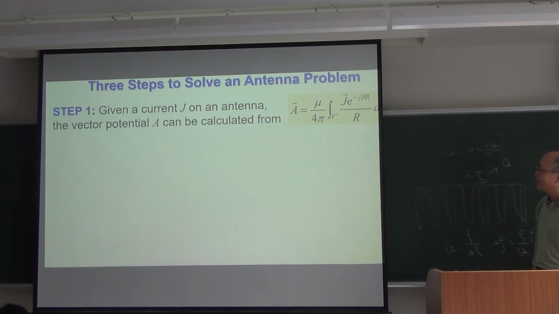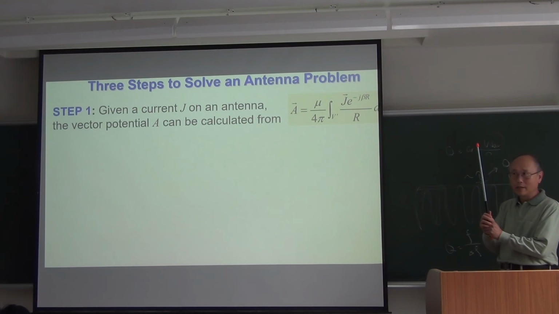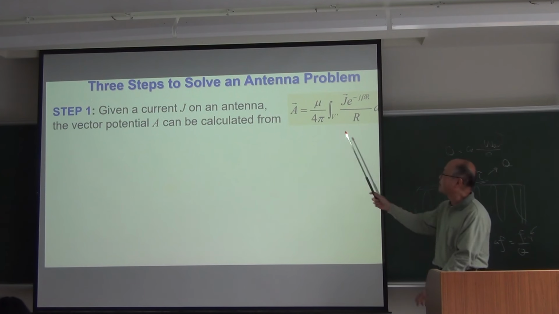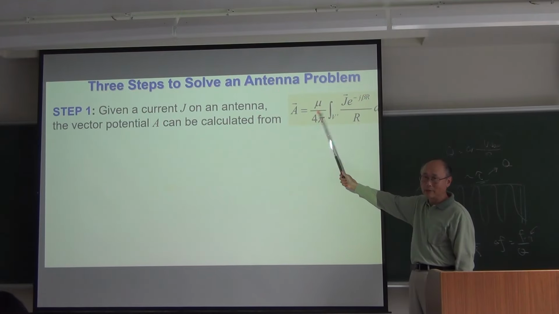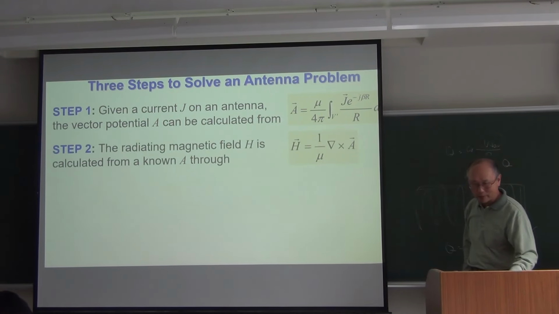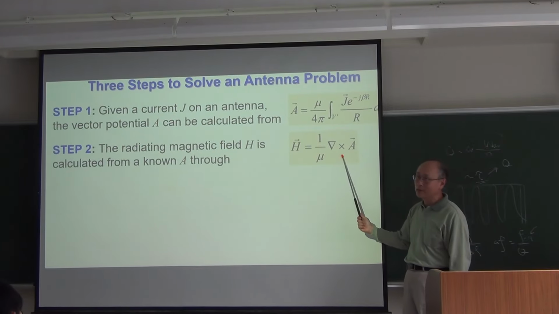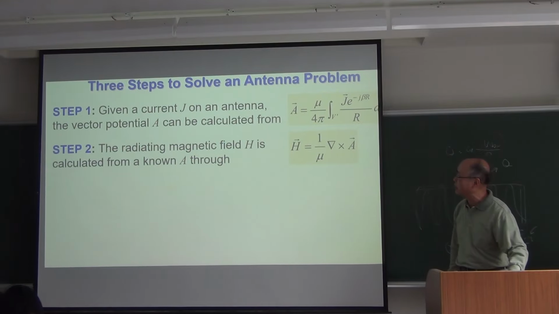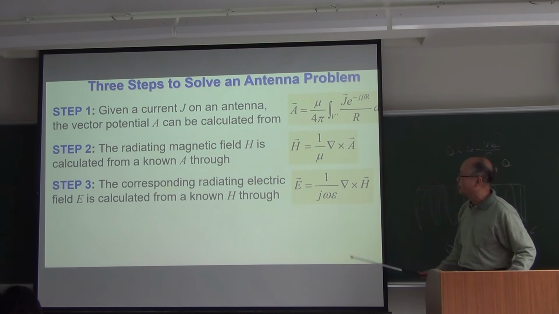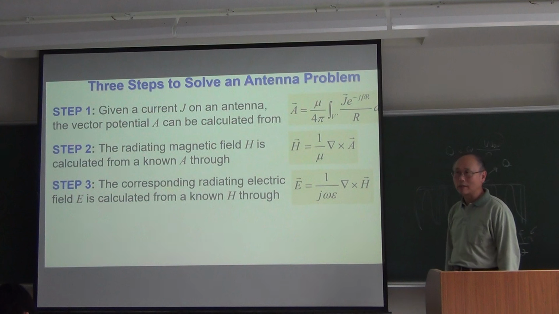So the first thing is that you have some current inside this antenna, and this current will allow you to calculate the vector potential. Okay, you have done this before, right? And once you have the vector potential, you'll be able to calculate the magnetic field based on the curl of A. Once you have the magnetic field, then you can connect the magnetic field to the electric field from the coupling of the electromagnetic field.